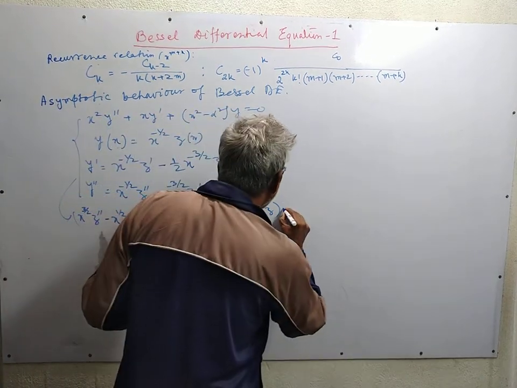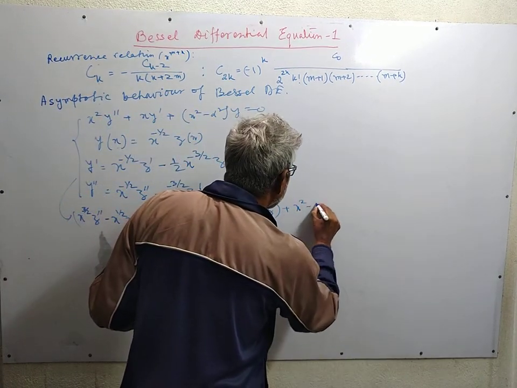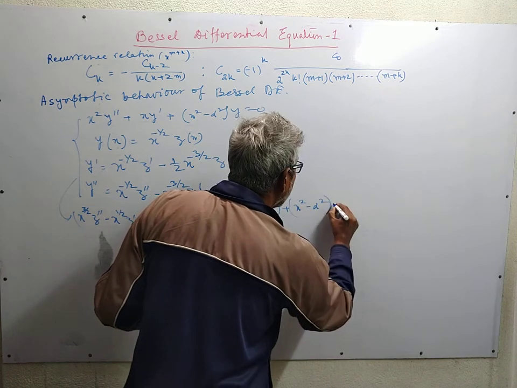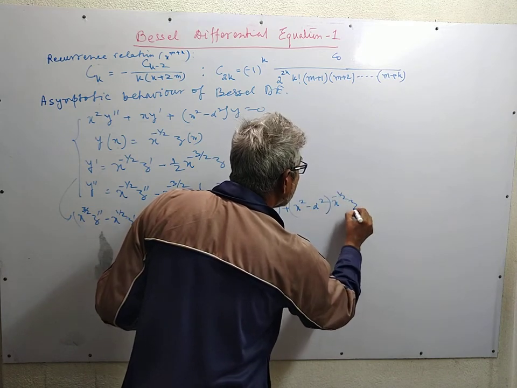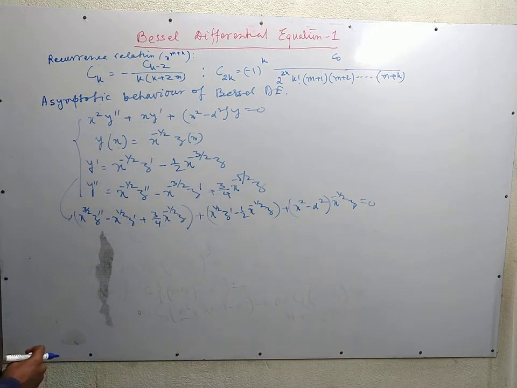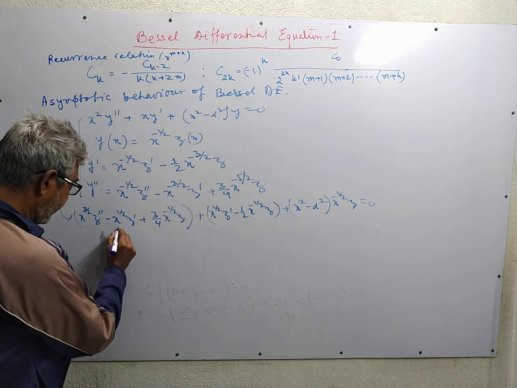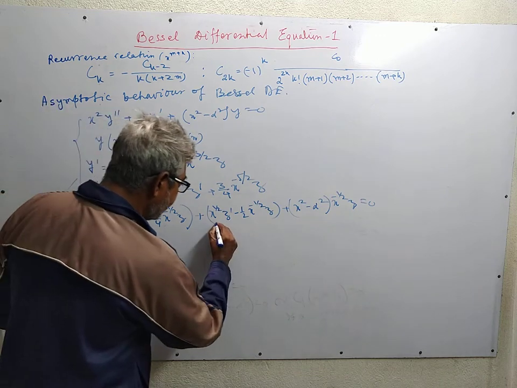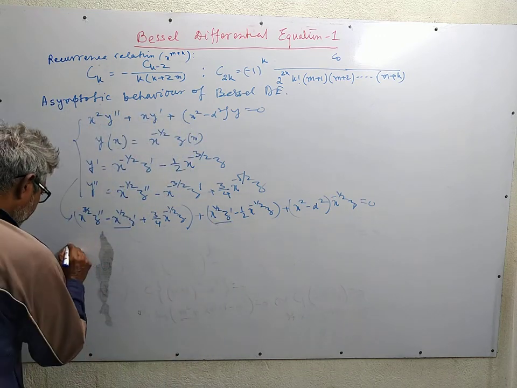And the last term is (x square minus alpha square) x to the power minus half z, equal to 0. You see that the z prime term vanishes, because here it is with minus sign, here it is with plus sign, so it goes.